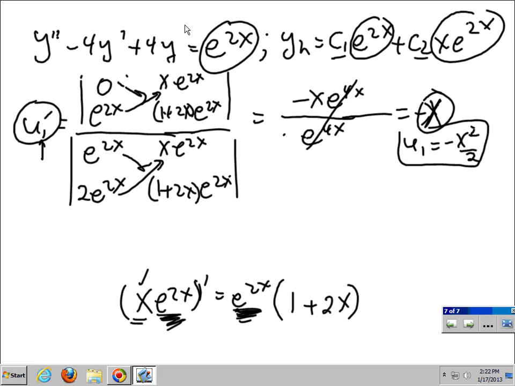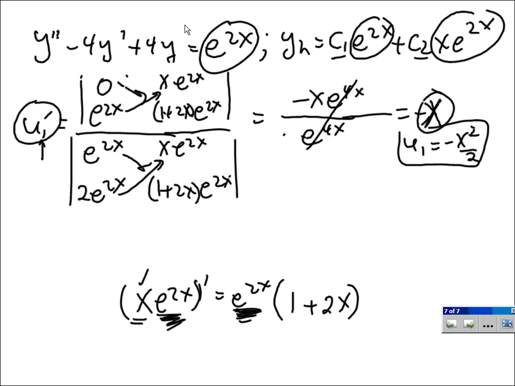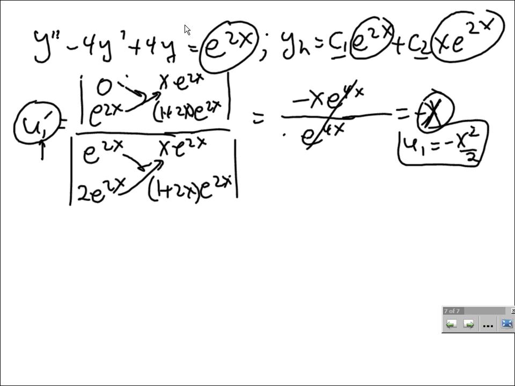Okay, now I play the same game for u2 prime. The bottom, I know, is e to the 4x. Since that's u sub 2, in the first column I put y1 and the derivative of y1.